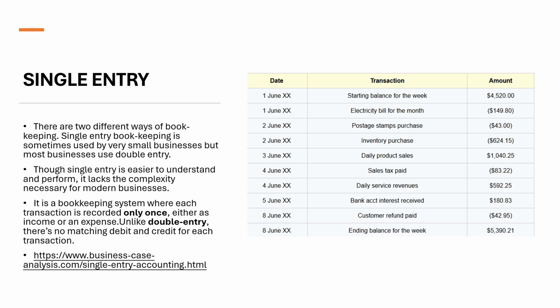Let's compare the two methods a little bit. The example here on the right shows a single entry cash record where we see cash movement mainly. Money coming in, such as sales and interest received, and money going out, such as expenses and inventory purchases. The final balance is calculated at the end of the period.